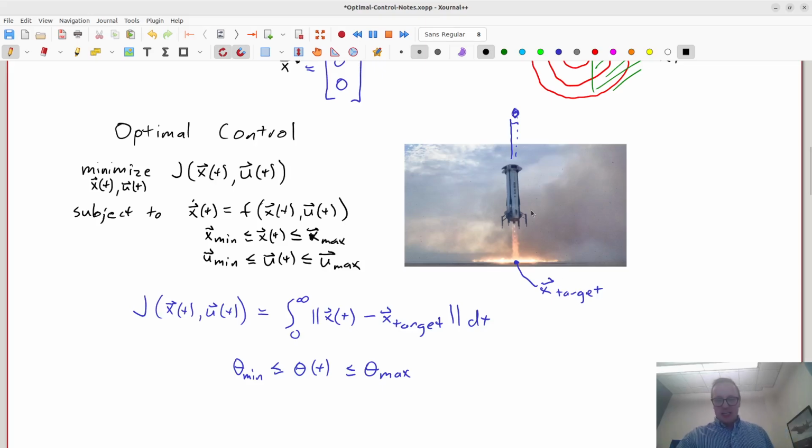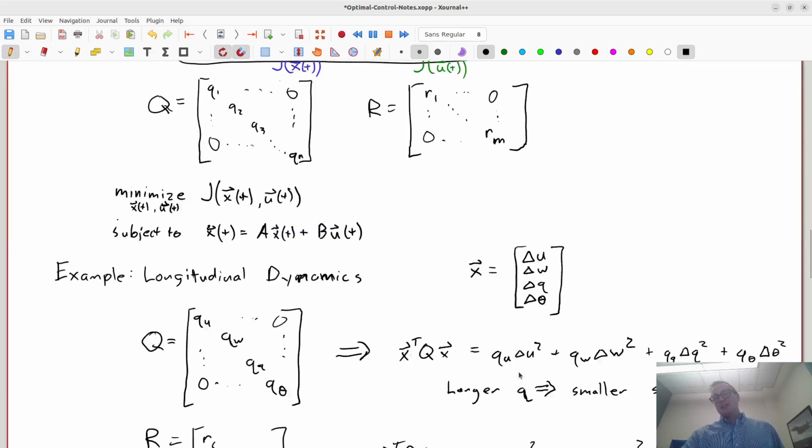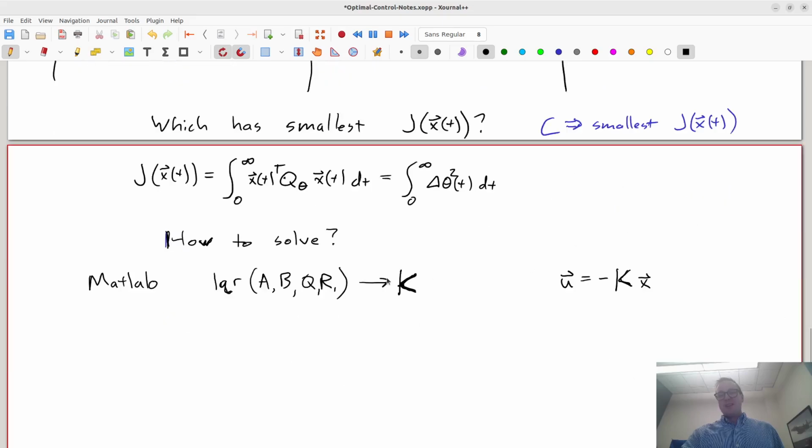If we were actually landing this vehicle and we had some constraints on what theta could be, then we would not have a linear feedback optimal control, because when you're getting real close to that constraint, you want to apply a lot more control than when you're only a little ways away from theta equals 0. So if we have constraints, it's not going to be a linear optimal solution. But for LQR, it is linear and optimal.